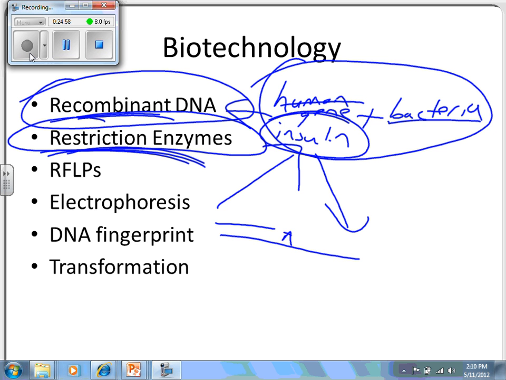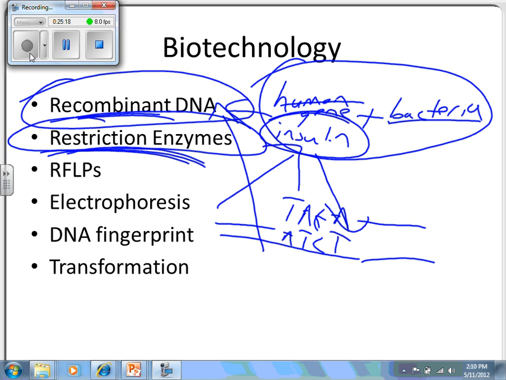Like you might have an A and a T and a C and maybe another T. If you have another piece of DNA with the opposite bases, the complementary bases, like T, A, G, A, those pieces will stick together. And that allows us to make this stuff, recombinant DNA.